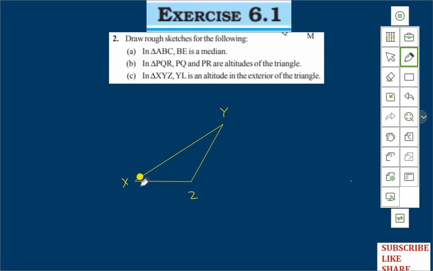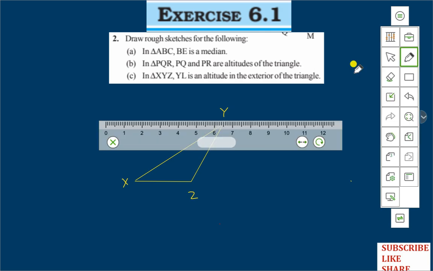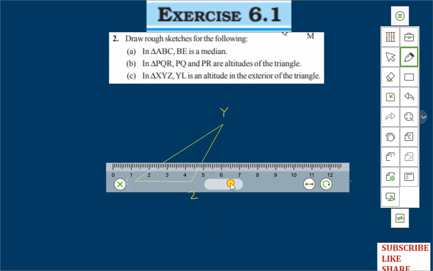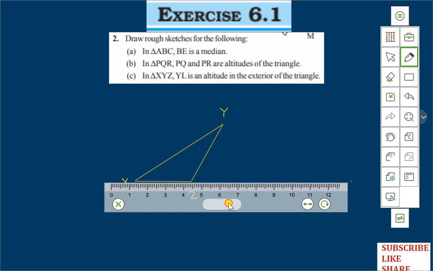First of all, we extend this XZ. Let us extend this with the help of a scale. Let us take one scale. This is our scale. With this scale, we will extend this one.